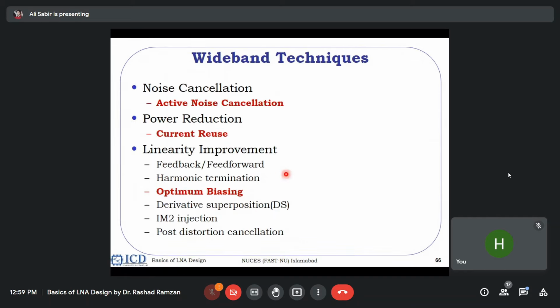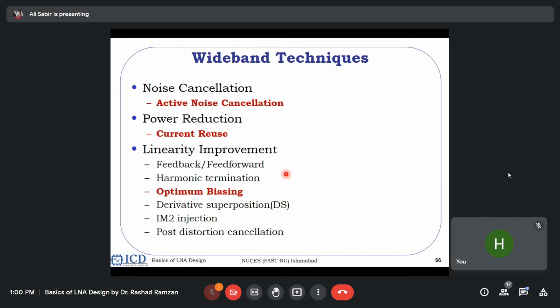So there are these two types of LNAs. The moment you make the band wider, the noise in the band is actually the integration of the noise over the whole bandwidth. The total RMS noise is the integration of the noise from the lower bandwidth to the higher bandwidth.